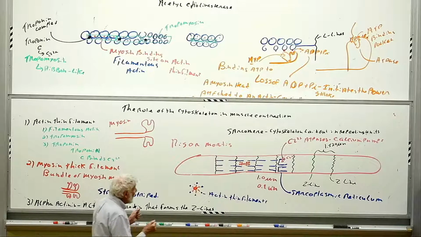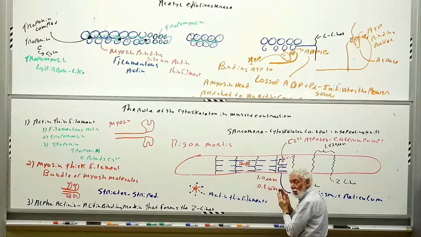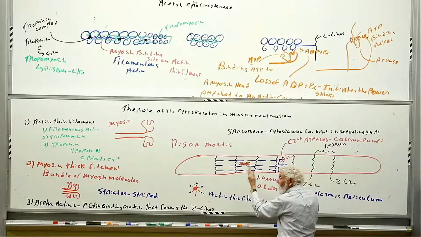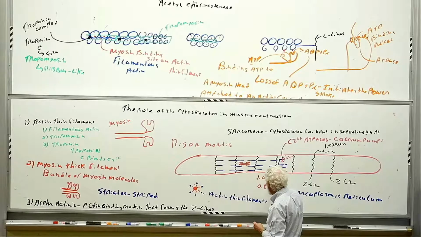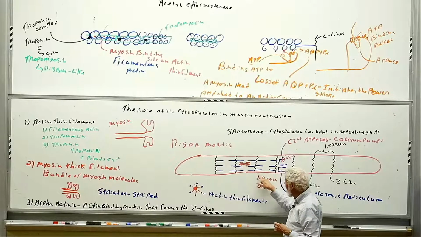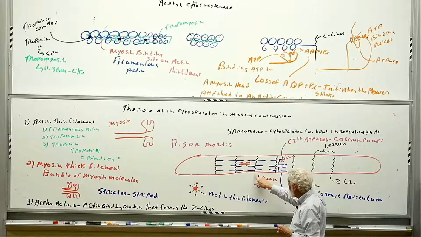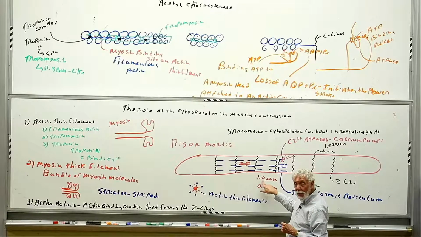I think you can see that when this muscle shortens, we're going to shorten the Z-lines. But now the question is, how do we reset those Z-line lengths? Let's say we've reduced the distance between the Z-lines, if we've reduced the sarcomere length from 1 micrometer to 0.8 micrometers, how do we reset it to 1?